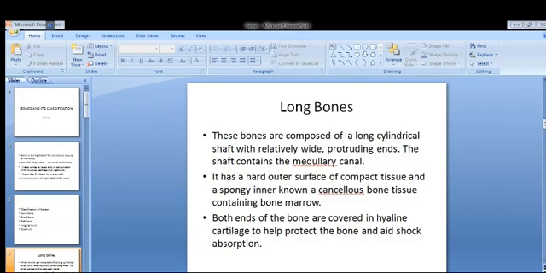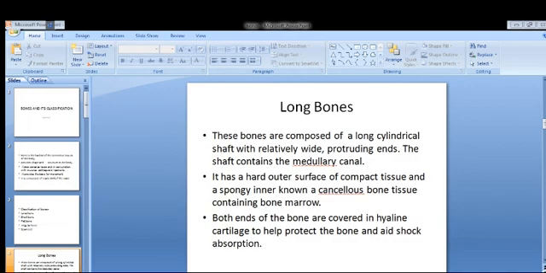And both ends, which we are discussing, are covered by the hyaline cartilage, because when it forms the joint and moves, there is friction between one bone and the other, one end with the other end.